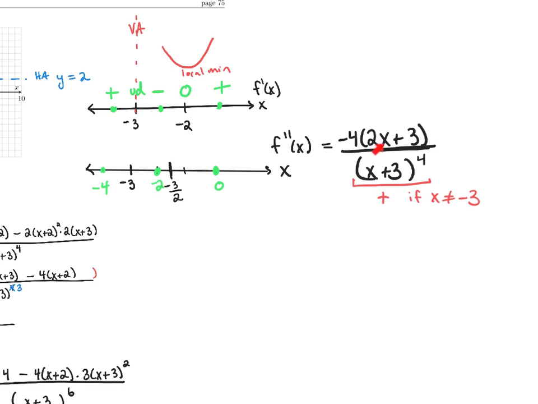And we're just running them through this function. So if I put -4 in here, -8 plus 3 is -5, multiplied by -4 is positive. If I put -2 in, -4 plus 3 is -1, times -4 is positive. So notice there wasn't a sign change on either side of -3 because the root of this denominator was raised to the 4th power.